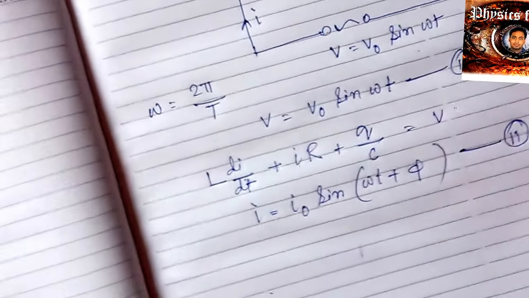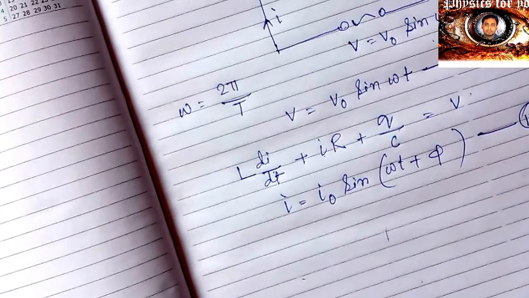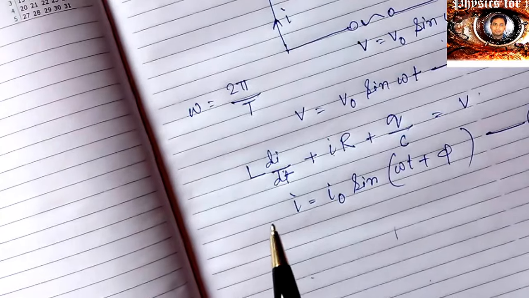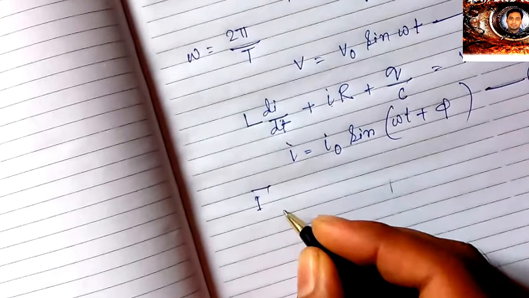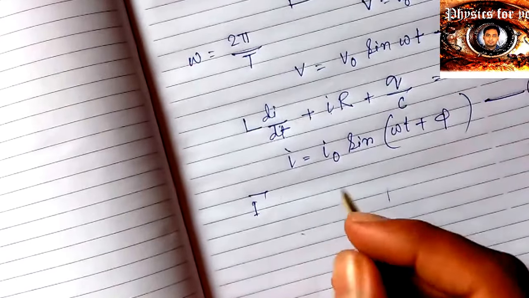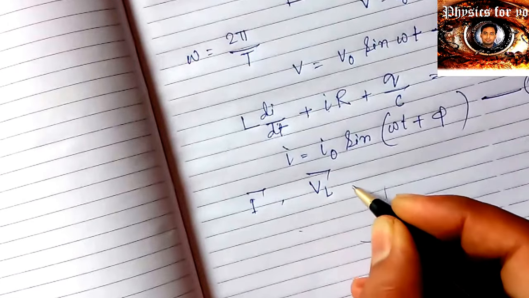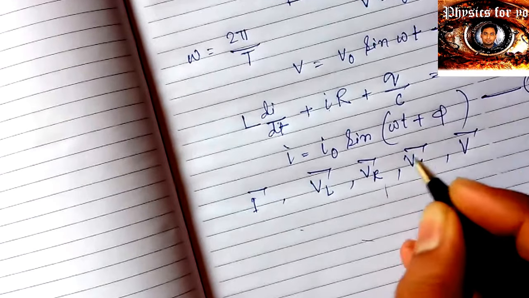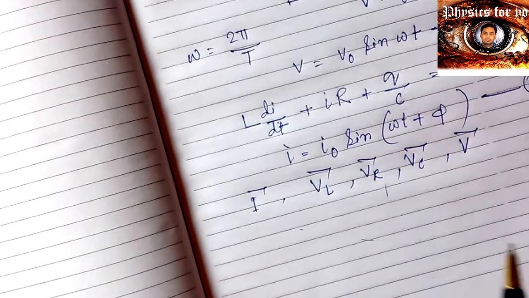Now, on the basis of what we have learned in the previous session, we shall construct a phasor diagram for the present case. Let capital I be the phasor representing the current in the circuit, and let VL, VR, VC and V represent the voltage across the inductor, resistor, capacitor and the source respectively.